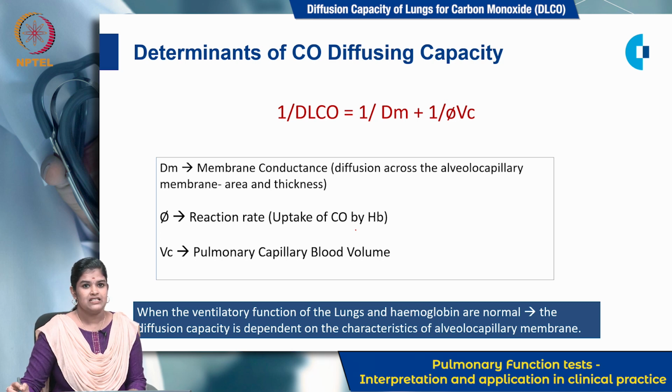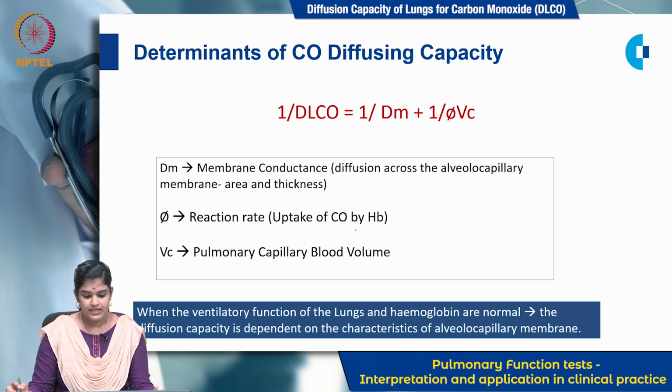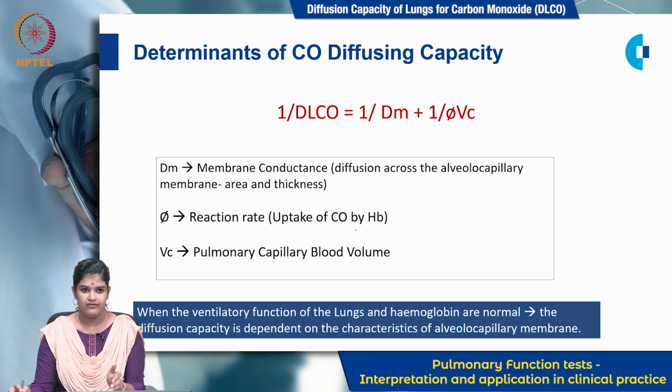To understand the determinants of the diffusing capacity, we should understand this equation: 1/DLCO = 1/Dm + 1/(theta Vc), where Dm is the membrane conductance, that is the diffusion across the alveolar capillary membrane, which again depends on the area and thickness of the alveolar capillary membrane.